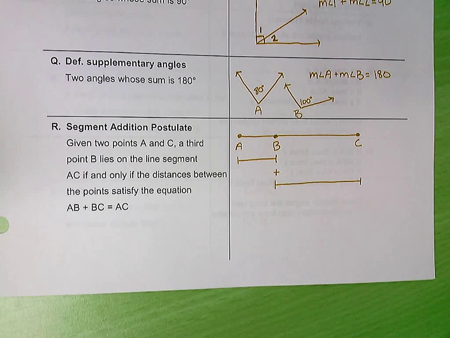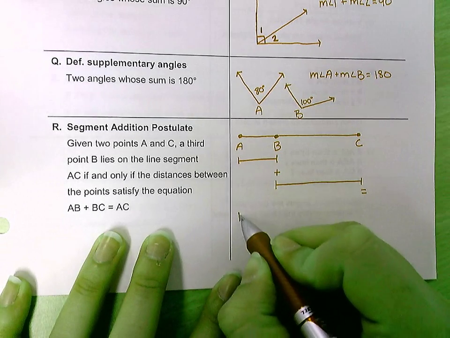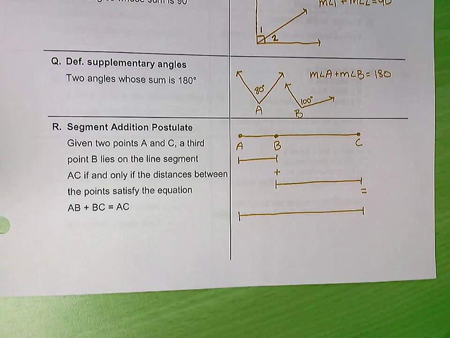If I add those two smaller segments together, it will equal the entire segment of AC. So I can add together those two smaller ones to get the larger. That's what the segment addition postulate is saying.